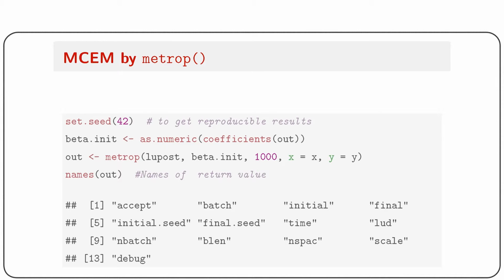And then out equals Metrop, the unnormalized log posterior, beta initial, and the number of batches required, say 1000, then x equals x and y equals y. That will give these objects that it will return.